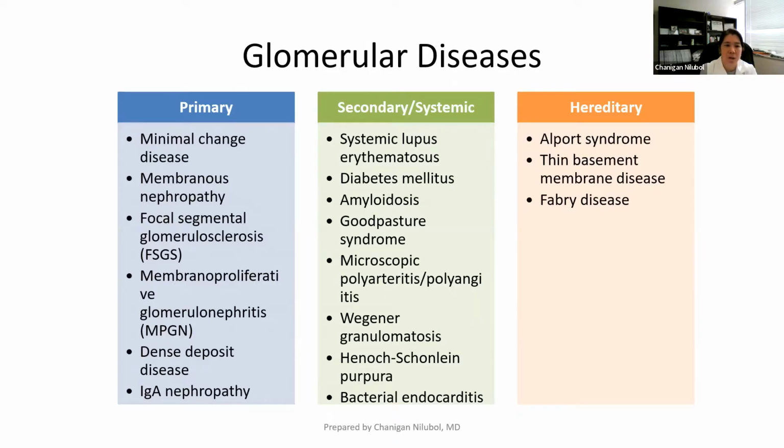So there's always some overlapping. Primarily when we talk about primary GN, grouping it this way doesn't help with the clinical management. It's just the traditional way of trying to separate out the different kinds of glomerular diseases.